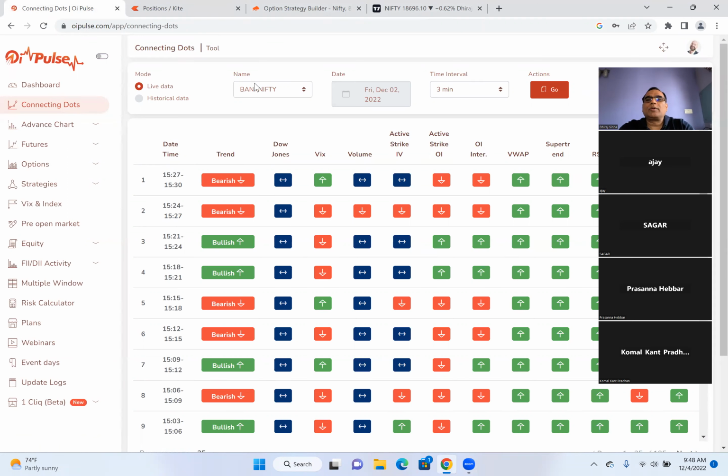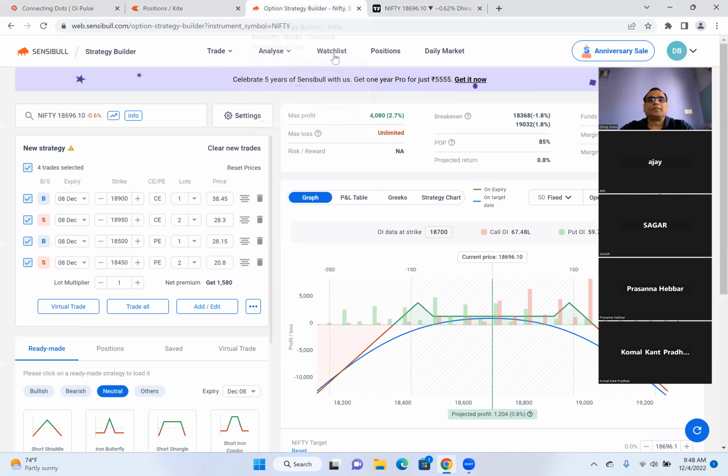Because I have to go to another tab. Okay, I can bring it down. Okay, thanks. Sorry for that. Okay, are you guys able to hear me? Because there was some internet issue. Yes. Okay, so this is Sensibull. Is there any way to minimize this control?